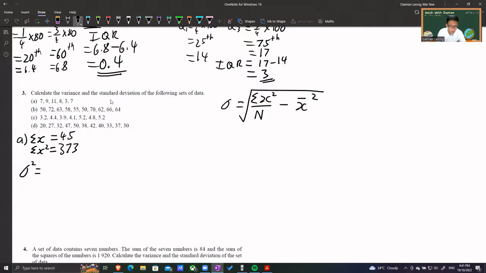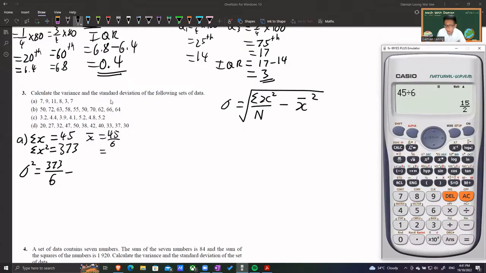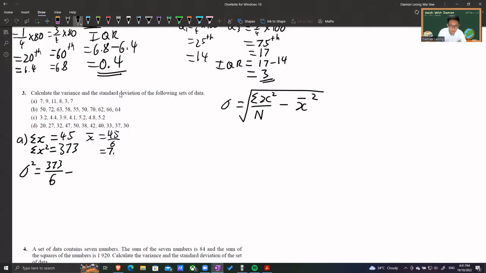So the variance will be sum of x squared, 373, divided by the number of values, 6, minus the mean, 45 divided by 6, squared. If you want to count the mean first, you can. You just take 45 divided by 6 first, which is 7.5, so minus 7.5 squared, like this.